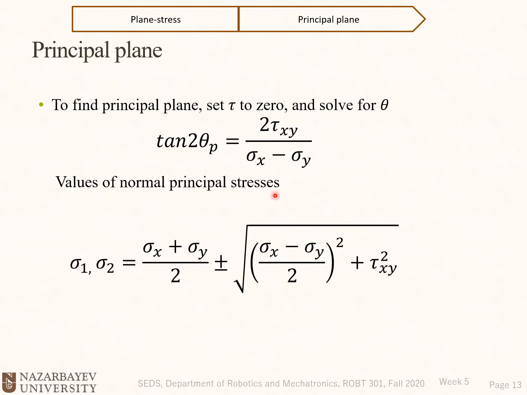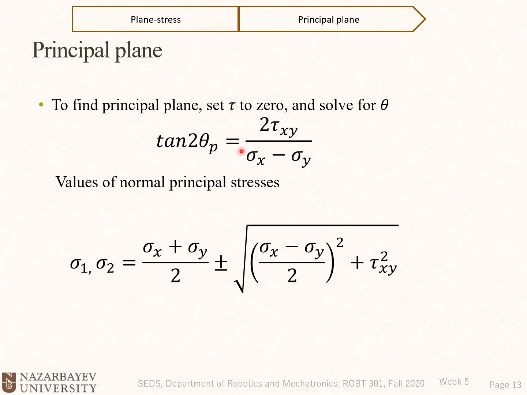The values of the normal principal stresses then will be sigma 1 and sigma 2. So from now on, we show the principal normal stresses by these subscripts, sigma 1 and sigma 2. And sigma 1 is always more than sigma 2 by definition.